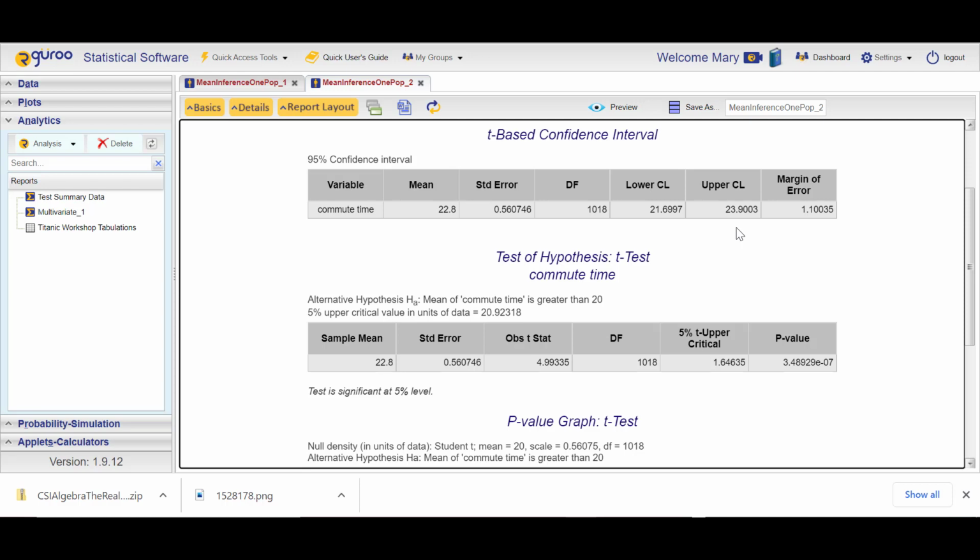Let me find the p-value here. So the p-value is 3.489, but there's an e. We'll just say 3.49 e negative 7. So let me go back to the other screen.